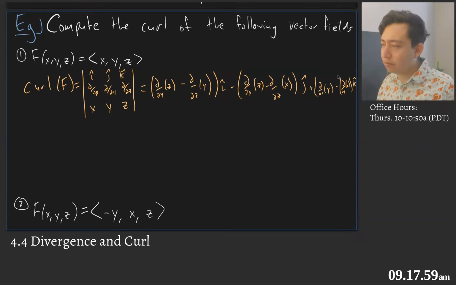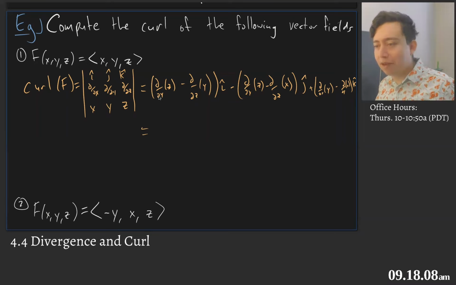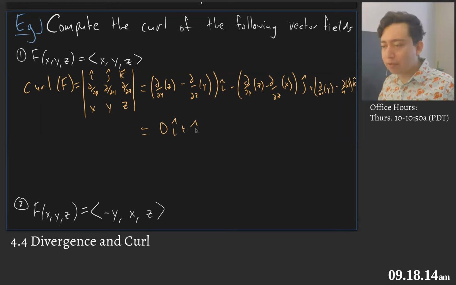Now in this case, these are all zero, right? Because the derivative with respect to y of z is 0, and so on and so forth. So you just get 0i plus 0j plus 0k.